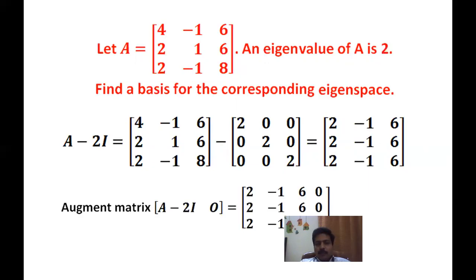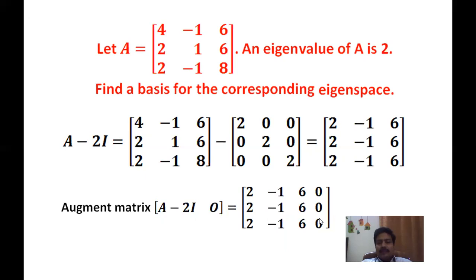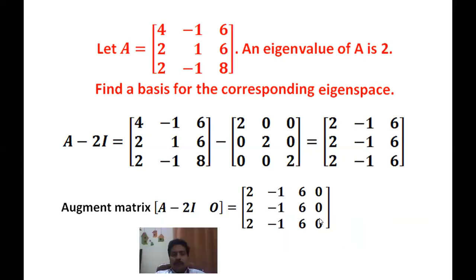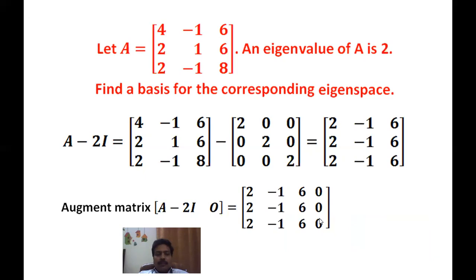So to find the null space of A minus 2I, we need to construct an augmented matrix, A minus 2I with zero entries added in the last column.